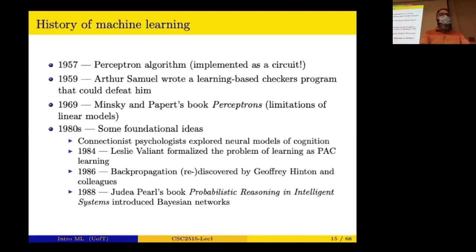Then there is this book called Perceptrons by Minsky and Papert in '69 that basically criticizes the neural network at that time. Neural networks are very old. In the 50s we had neural networks, and the perceptron algorithm can be seen as one form of neural network.